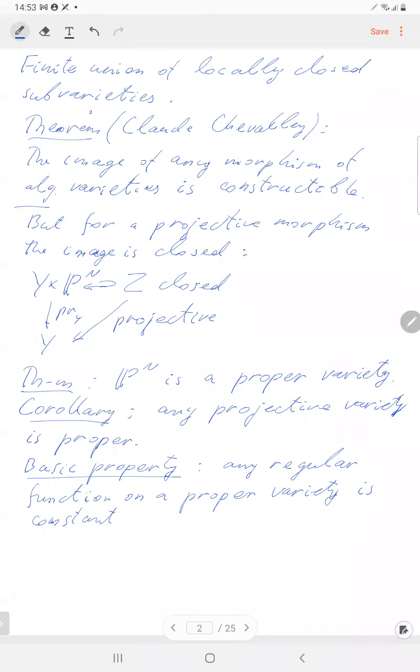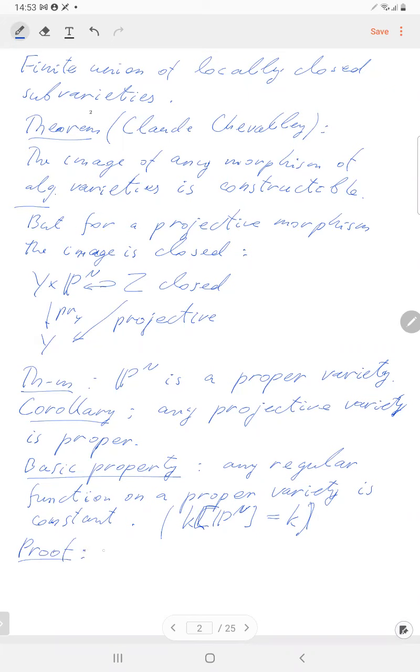So in some early exercise, you proved that any regular function on the projective space itself is necessarily constant. But now it applies to any projective subvariety and to any proper variety at all. So let's prove this basic property first, and then finally we'll prove this much advertised theorem.